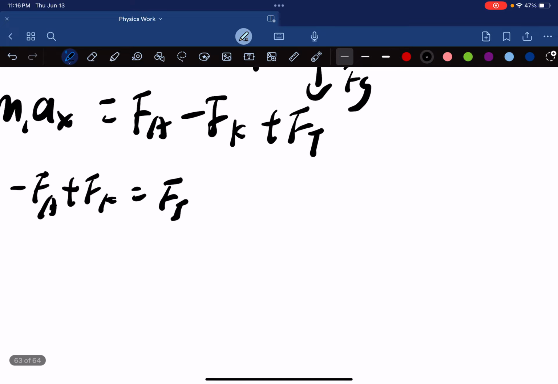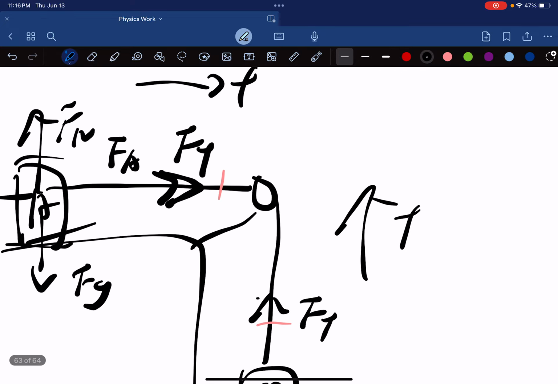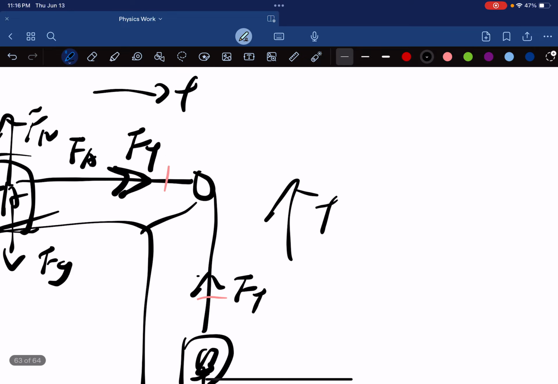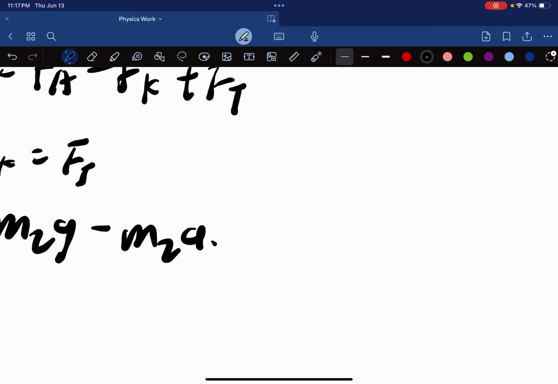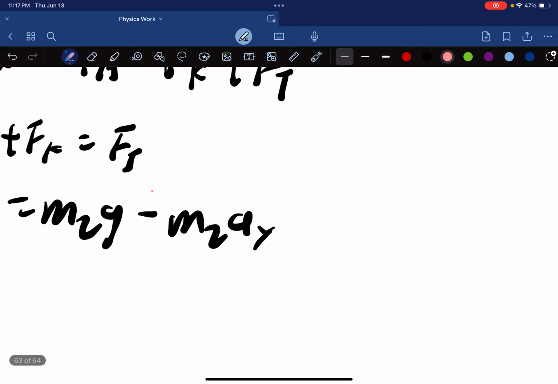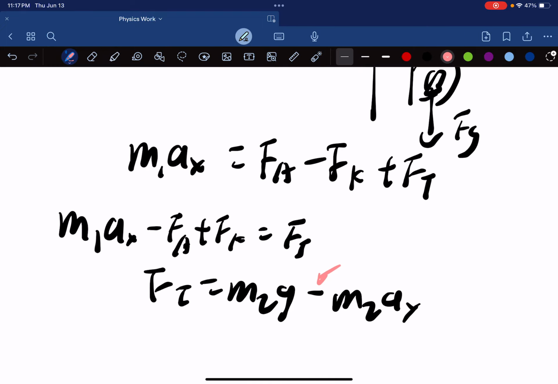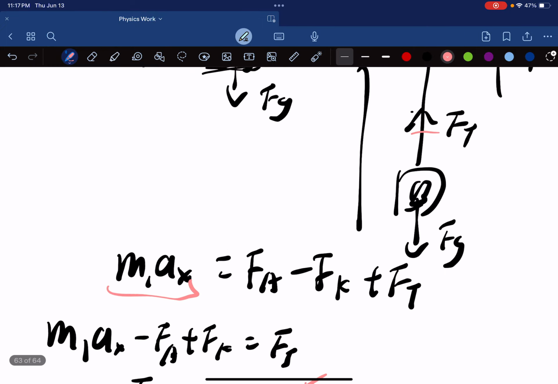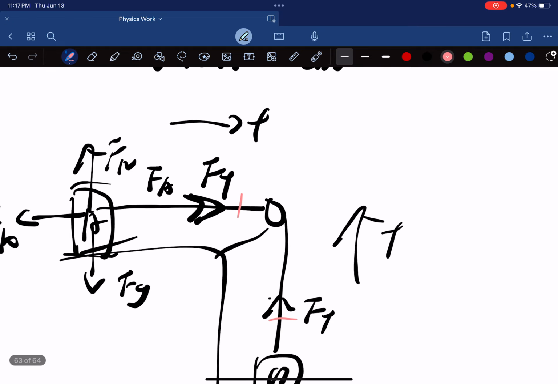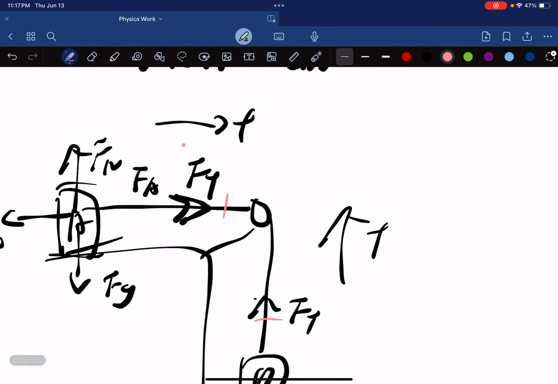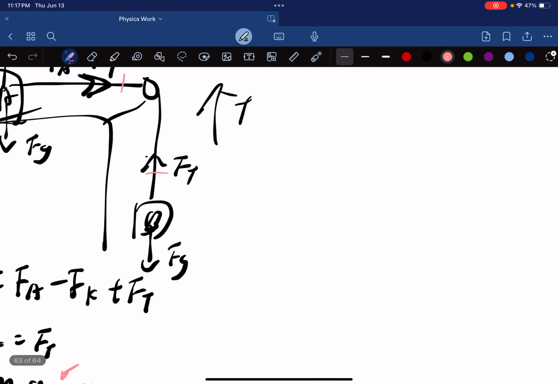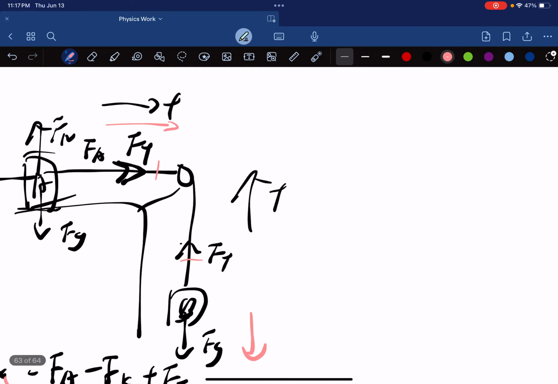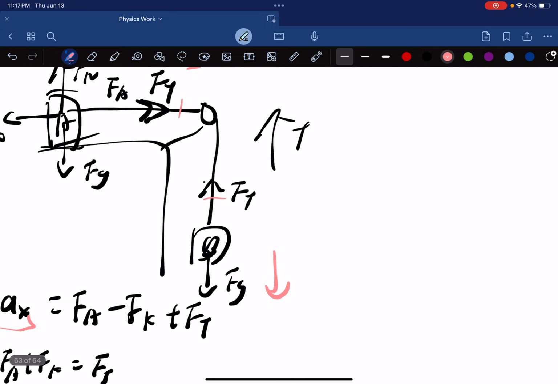We're isolating this because the tension force between the top and bottom is the same. So for the bottom, after you isolate, it's M2G minus M2ay. The reason you want a minus sign is to match up with the top part. If the top part is positive, then the system on top is moving to the right, and this will lead to the system at the bottom moving downwards because FT will become smaller.